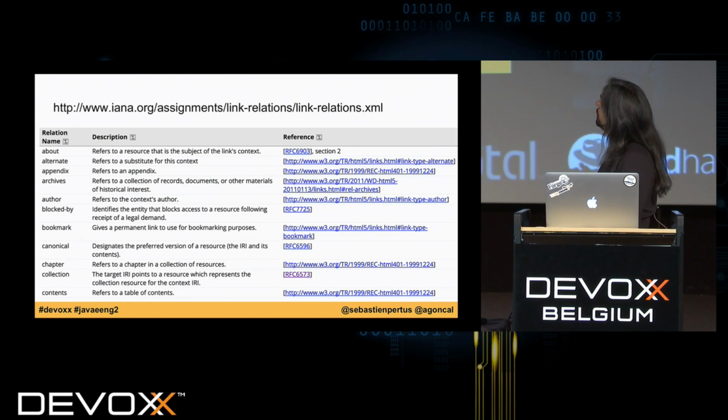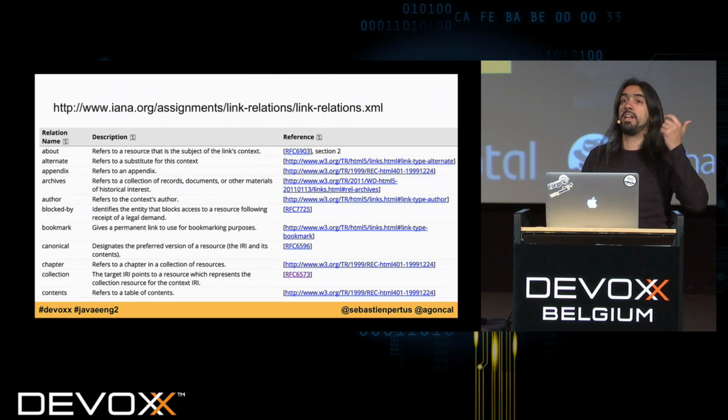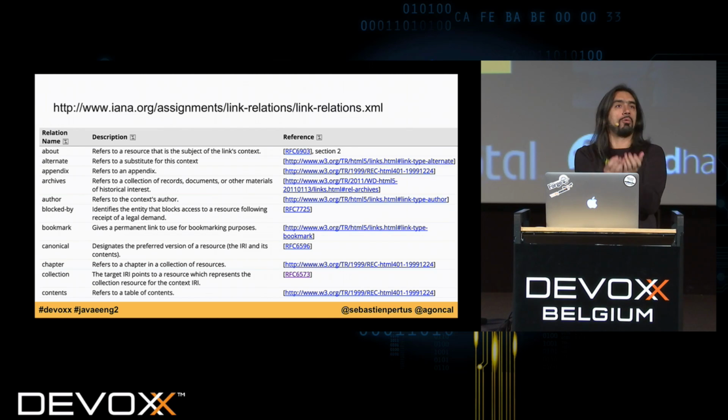So if you go to this URL, you will find hundreds of these link relation names. You can either create your own, but if they are part of this list, I suggest that you use that. It's a list of names that everybody agrees on.